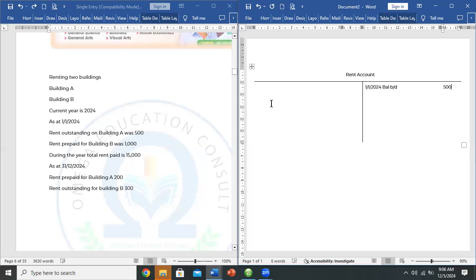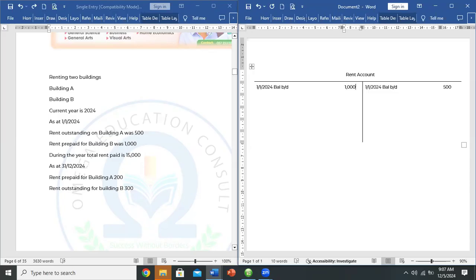The next information was that at the beginning, there was a prepayment. Prepayments are assets. So we'll come to the debit side, since assets have debit balances, and indicate that on 1st of January 2024, we had a balance brought down of 1,000. So that's how you record your opening balances.